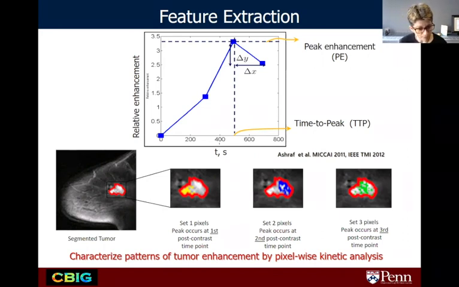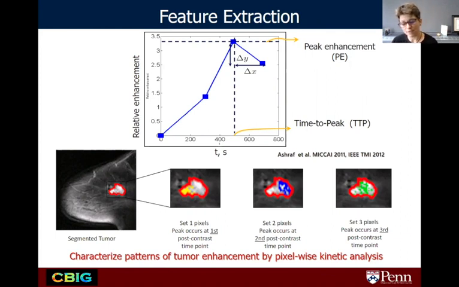And these may very well represent different subclones of the tumor with different molecular characteristics, or different, for example, angiogenic characteristics, as we can imagine here in DCE MRI. The pixels that have a peak at time point 1 are the ones that tend to uptake that contrast agent more quickly. So they may be related to higher angiogenesis or higher proliferation.